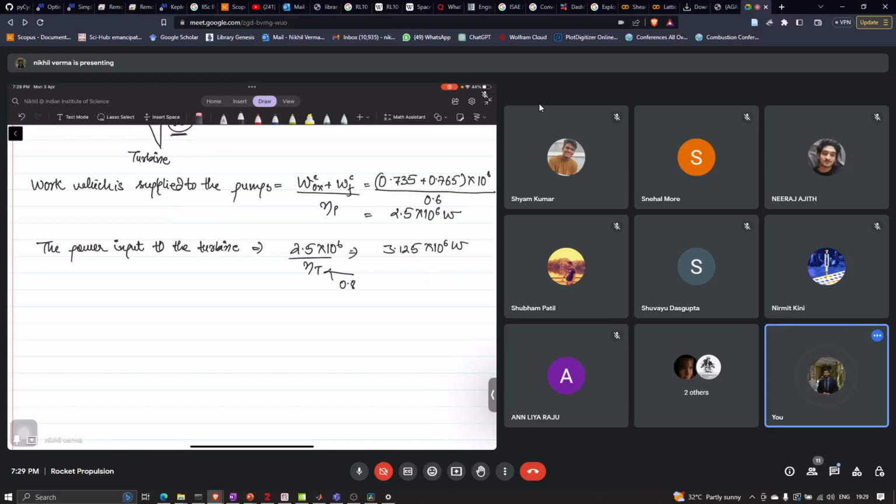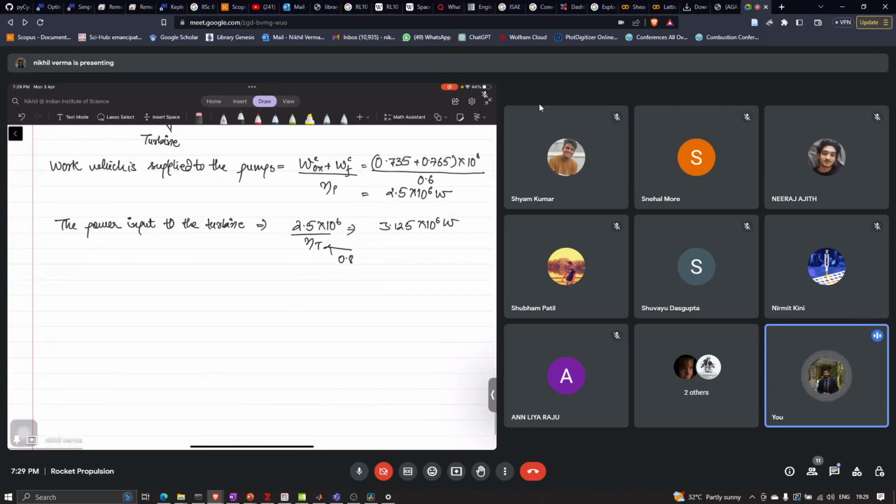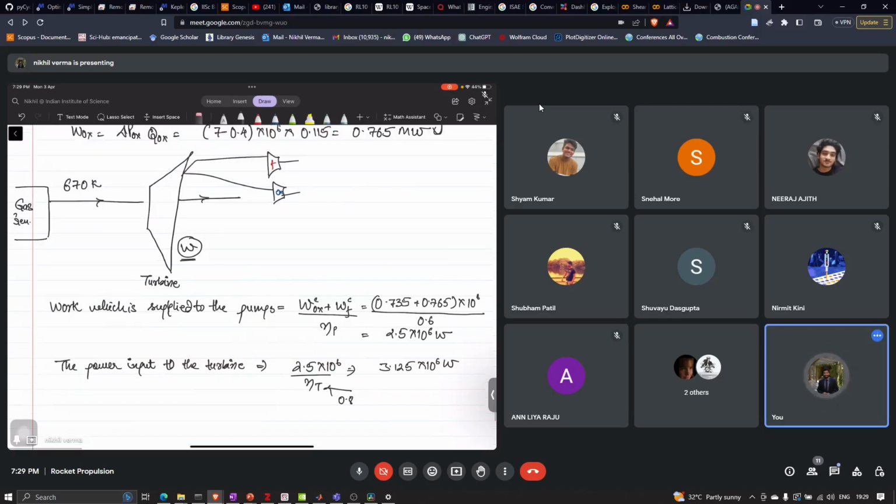Okay, now let us calculate the mass flow rate that is required for this. So it is given that the temperature is this, and Cp we do not know for this product, but we know gamma, right?